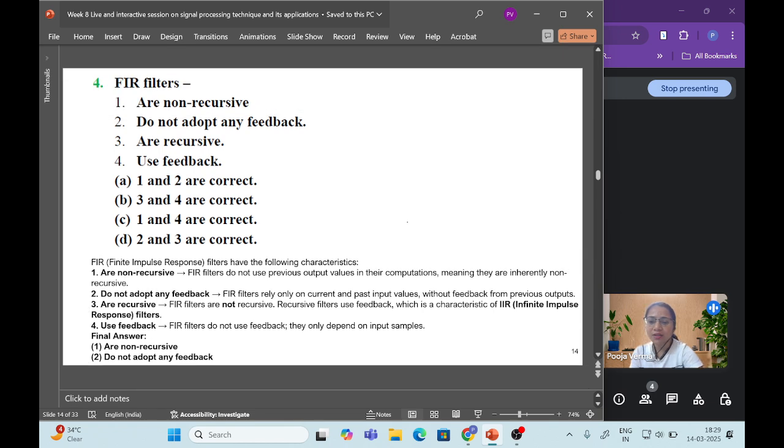Okay, so the final answer is that FIR filters are non-recursive and don't use any feedback. So options 1 and 2 are the only correct answer for this question. Okay, I hope you have understood. So moving to the next question.